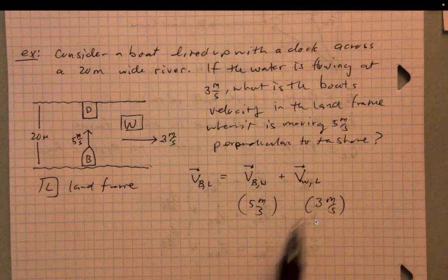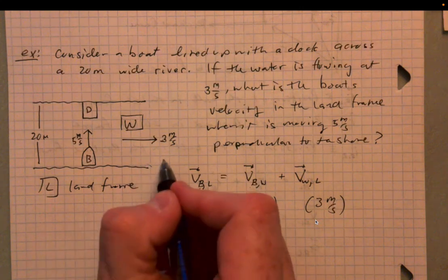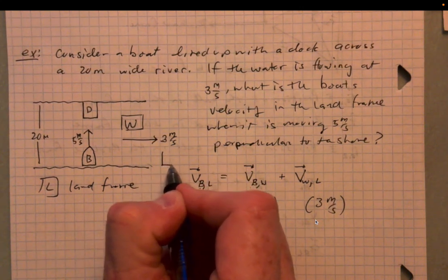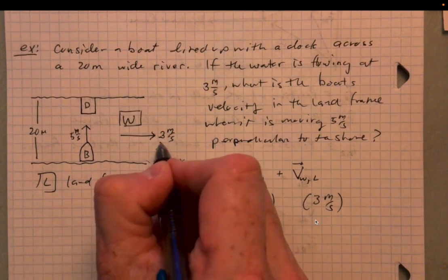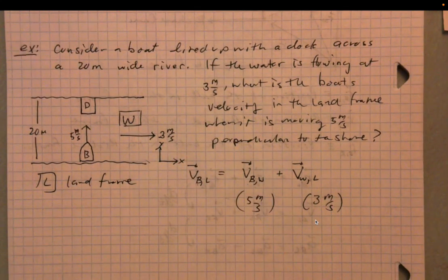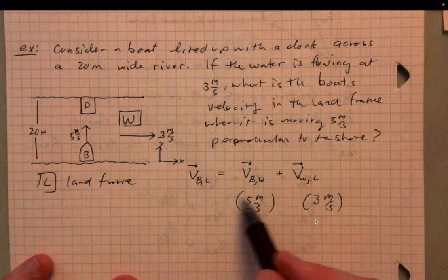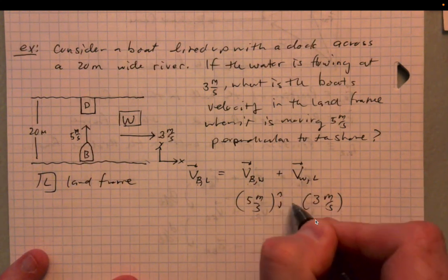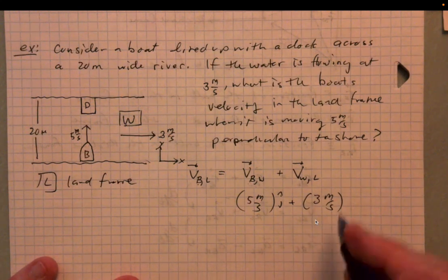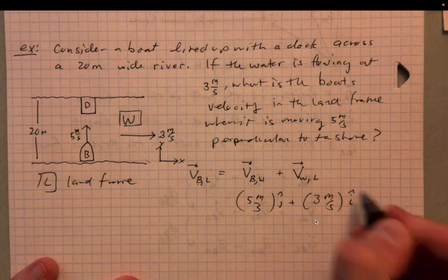Now, because this is all being translated into the land frame, we really need a coordinate system for the land frame. And so we're going to think of the land frame as having an XY orientation like this. Very intuitive, natural. So that means that the 5 meters per second, that's the j hat direction. And the 3 meters per second, that's the i hat direction.